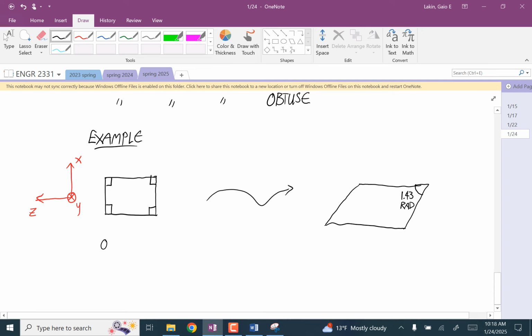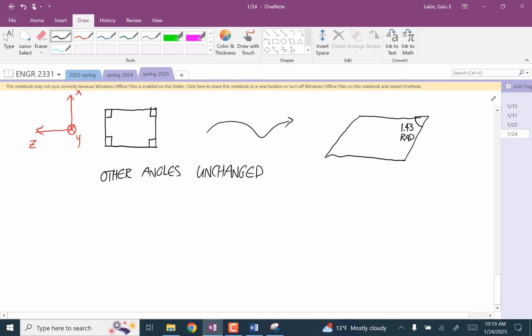And the other angles that we can't see are unchanged. And we want to know what are the shear strains. And then we want to know, are these realistic in this class?